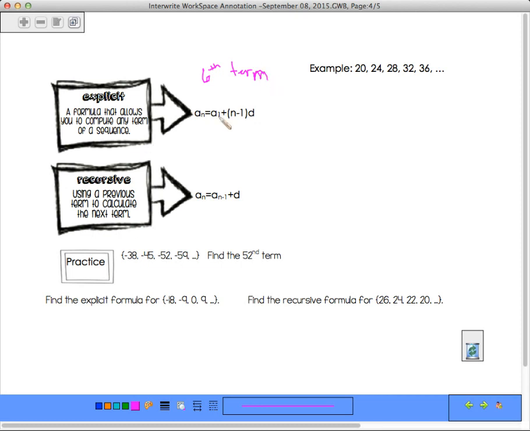So in this case, that would mean n equals 6. Our a sub 1 is 20. And the common difference between each one of these is 4. We're going up 4.